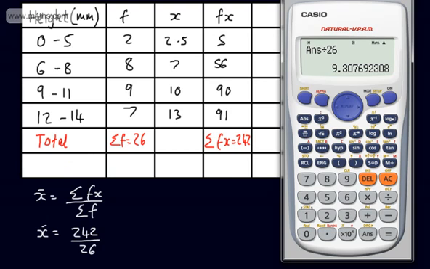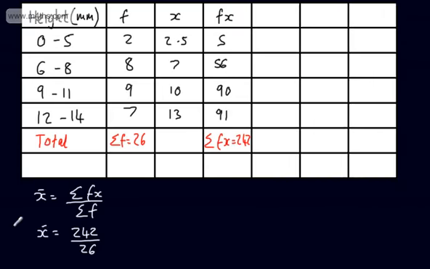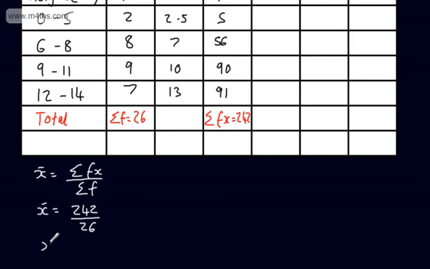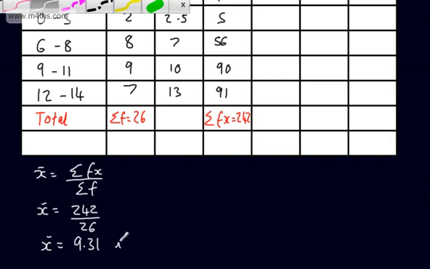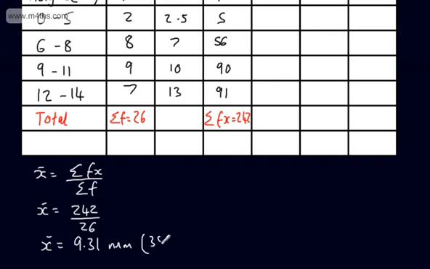I'll do that to 2 decimal places or 3 significant figures. So let's write that there, 9.31. So we can say that x bar is going to be equal to 9.31 millimetres, working in millimetres, aren't we? My apologies, let's switch it over, millimetres, and that is going to be to 3 significant figures. You'll be given a level of accuracy in the exam, so 3 SF.